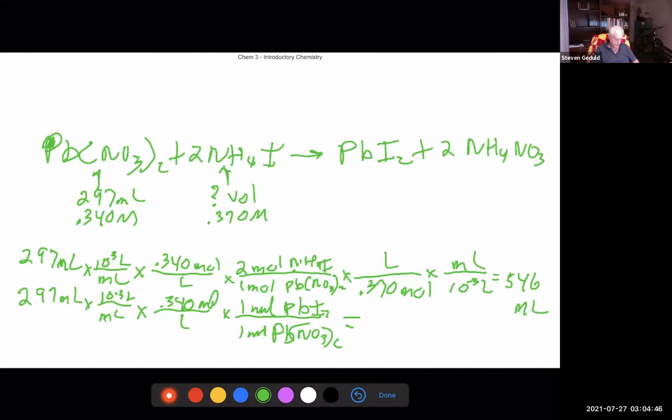That's it. 0.101 moles. That's what I get.